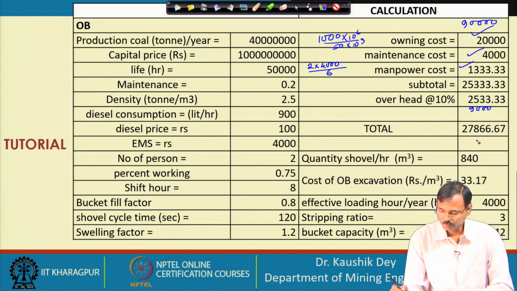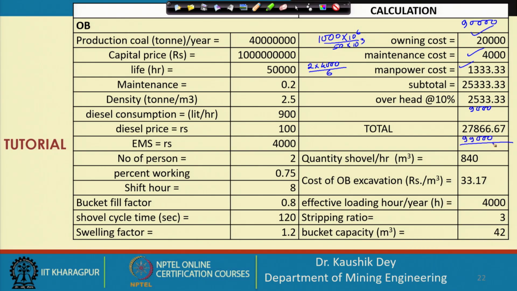So, this will become plus 99,000. So, altogether it will be 866 plus, so 127,000 you can say.